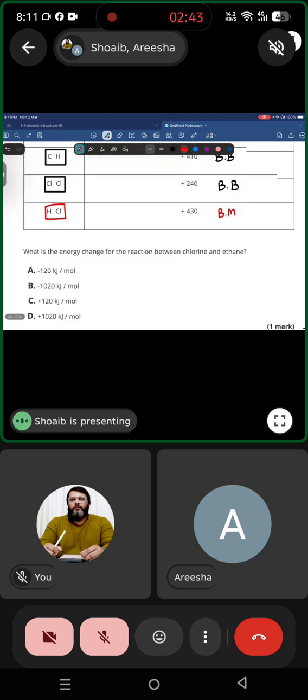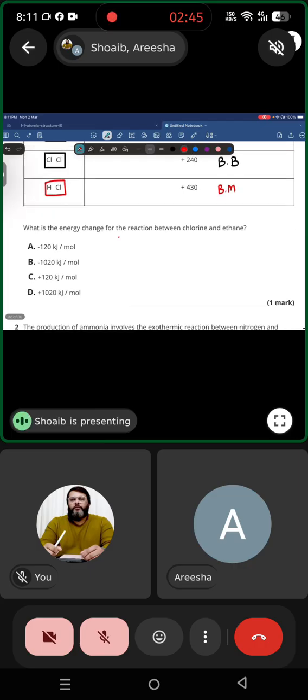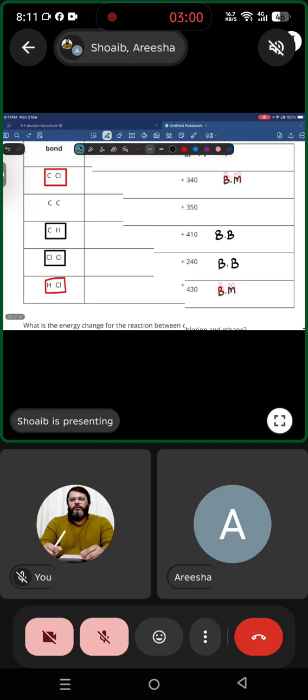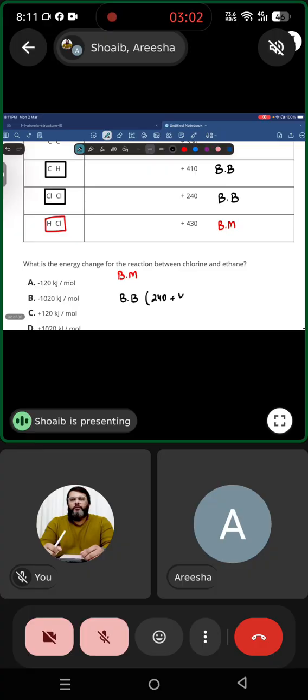So now the bond making, addition, sum of bond making and sum of bond breaking. So the bond breaking is 240 plus 410. What answer will you get? Please give me the answer.